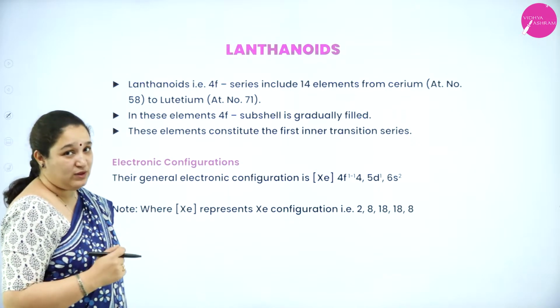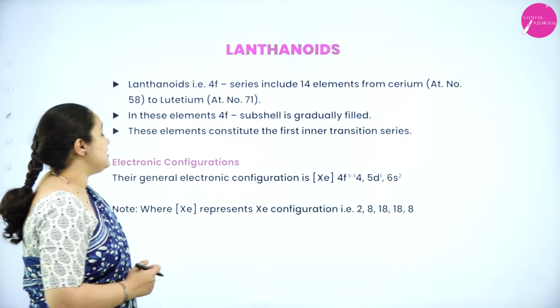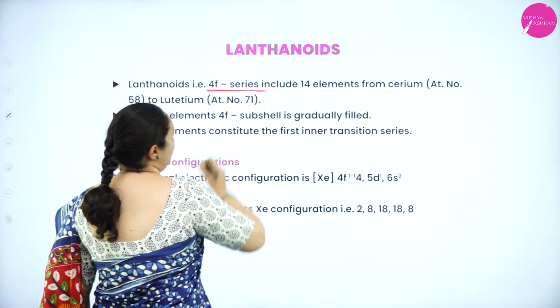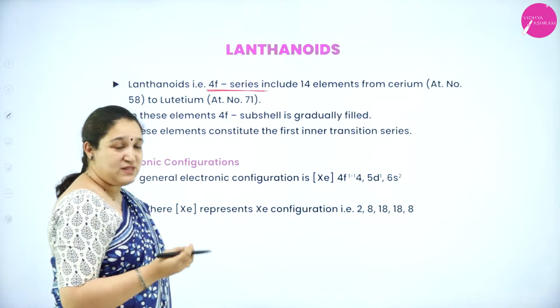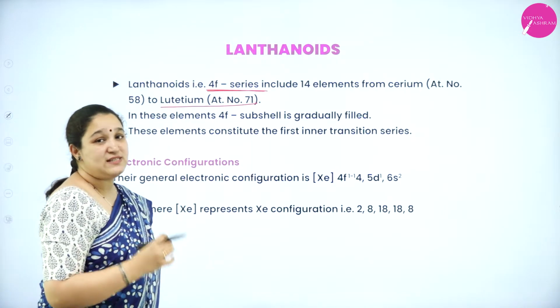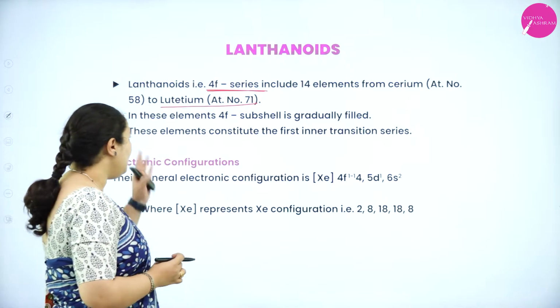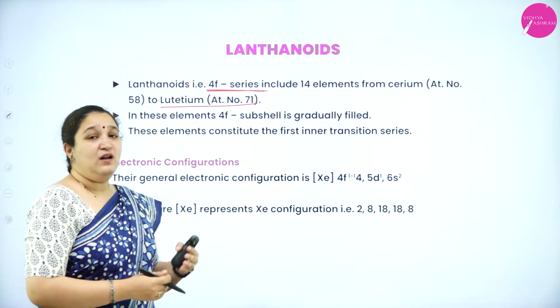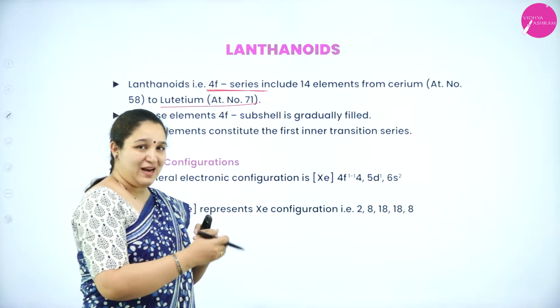Next is about lanthanoids. We learn only about the lanthanoids. Lanthanoids are called 4F transition, including 14 elements, from cerium atomic number 58 to lutetium atomic number 71. These elements fill up the 4F subshell gradually.